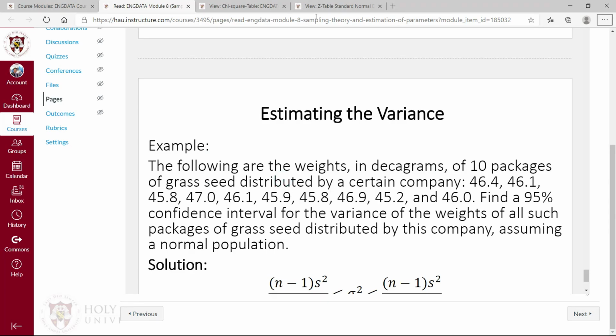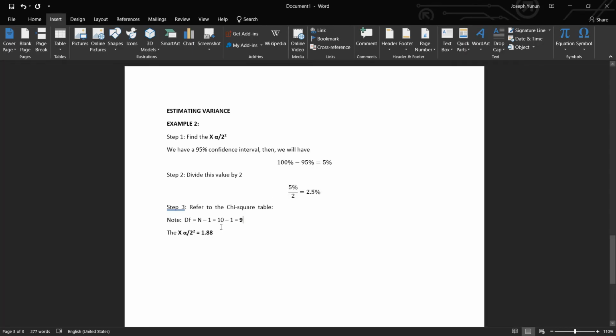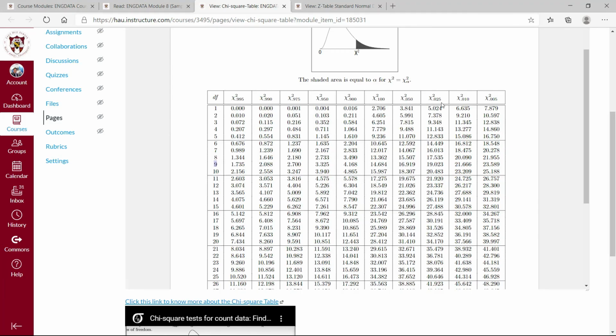Using the chi-square table, degrees of freedom, or df, is 9. Then chi-square alpha over 2 is 0.025.